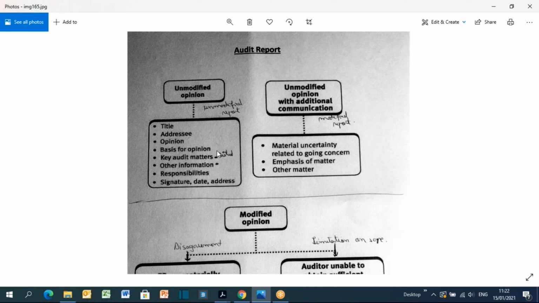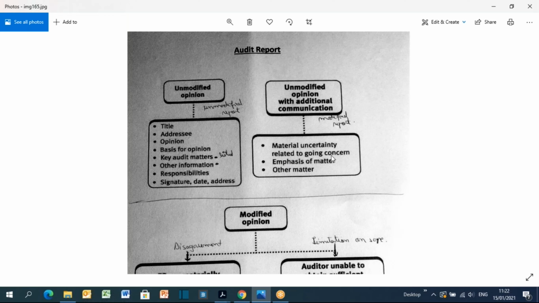If in the question you have to include a material uncertainty relating to going concern paragraph, because the management gave notes in relation to the financial statements on this matter, then you have to include the paragraph. The same goes for an emphasis of matter paragraph or other matter paragraph.